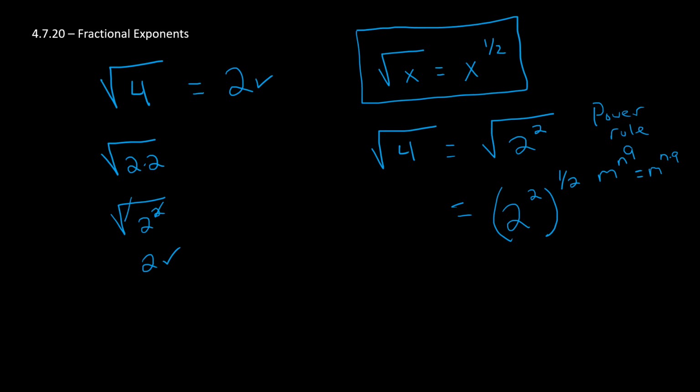So in other words, what we're going to do with these two values is multiply them. So if we said 2 times 1/2, that's the same thing as 2 over 2, which is equal to 1. So we'd be left with 2 to the 1, which means that we would have 2. And that works out here.